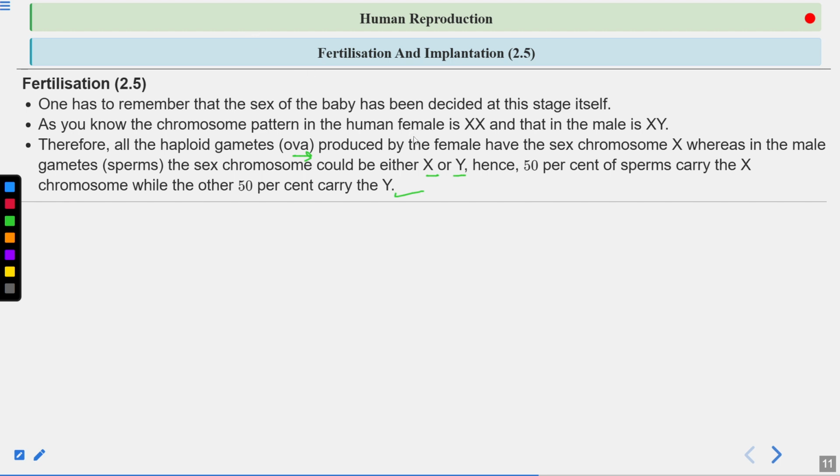If the sperm containing an X chromosome fertilizes the egg having an X chromosome, it will develop into a female. If the sperm carrying the Y chromosome fuses with the egg having the X chromosome, then it will develop into a male.